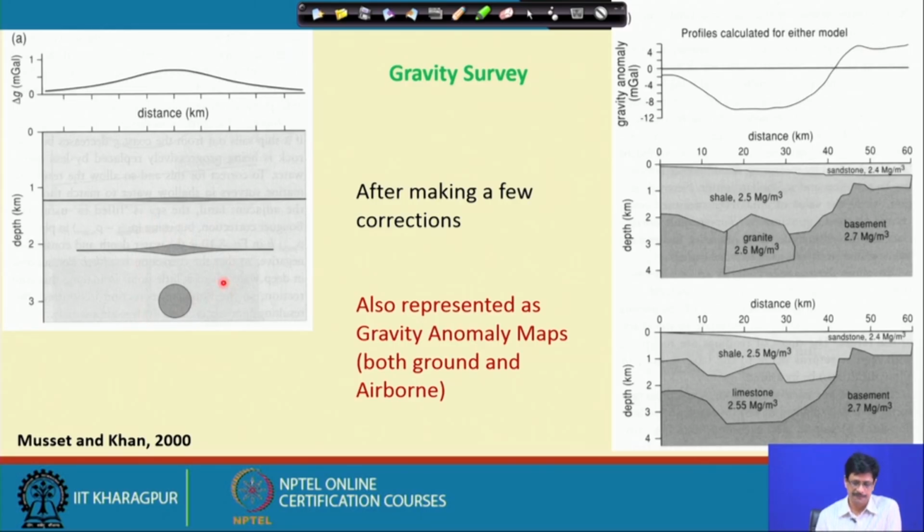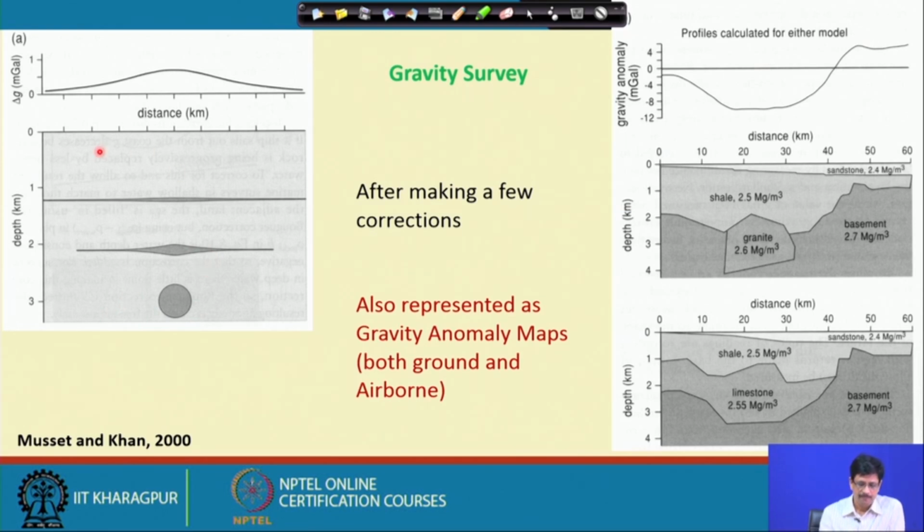We know how the values range in crustal rocks, and in many situations ores, like an ultramafic ore or a chromite rich ore or any other ore, will have a perceptible difference in density with the surrounding.